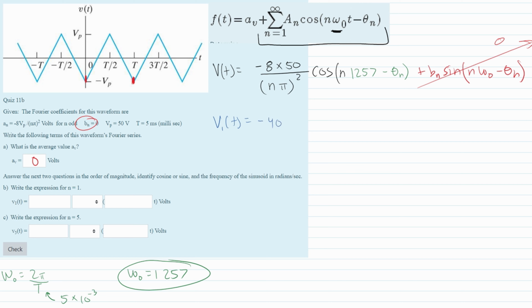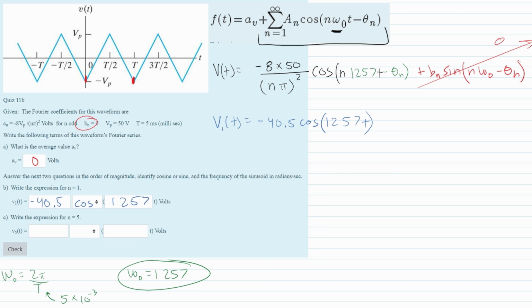So we're going to have -40.5, and then we multiply this by the cosine, and inside of here our n is 1 for this specific circumstance, so we're going to have 1,257. Don't forget, because I forgot, that this is being multiplied by t inside of here. So we should have a t like this. When we go to write our answer, we'll have a negative 40.5 times the cosine of 1,257 t. So that's how we would do that one.